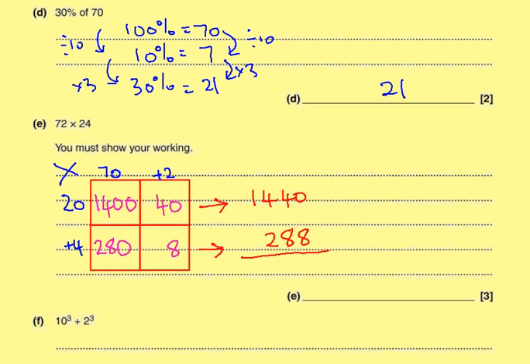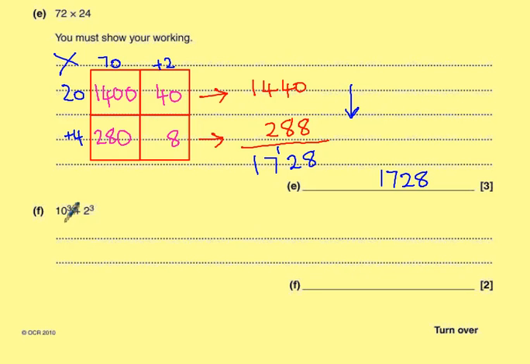I then need to add vertically for those two numbers together. 0 add 8 is 8, 4 add 8 is 12, carry 1 forward, 4 add 2 is 6, plus my little one I carried forward is 7, and 1 come down, 1728. So 1728.